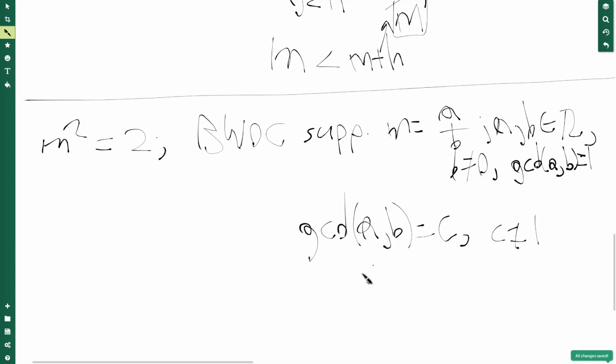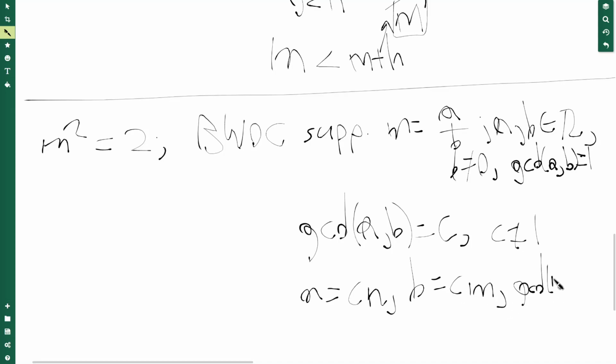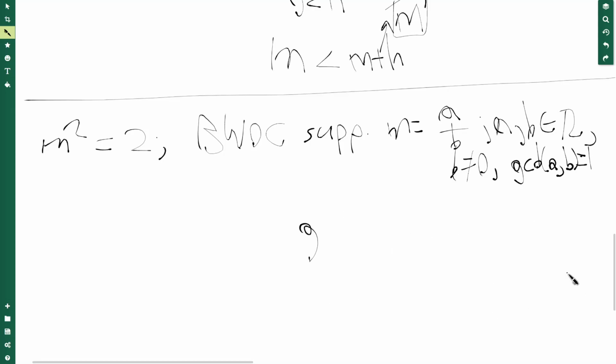Then we can write a as c times n, by definition of GCD, and b as c times m, where the GCD of n and m is 1. If we plug that into this ratio, we can just cancel the c, and we get a ratio of two coprime integers. We can do this for all pairs a, b. So that's just a bit of motivation. It should be pretty obvious already, though.